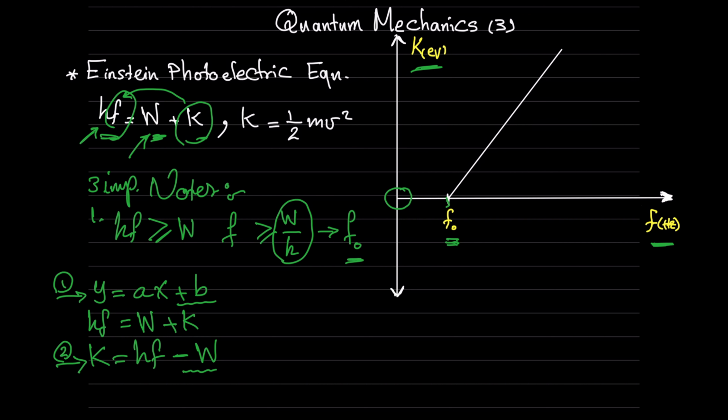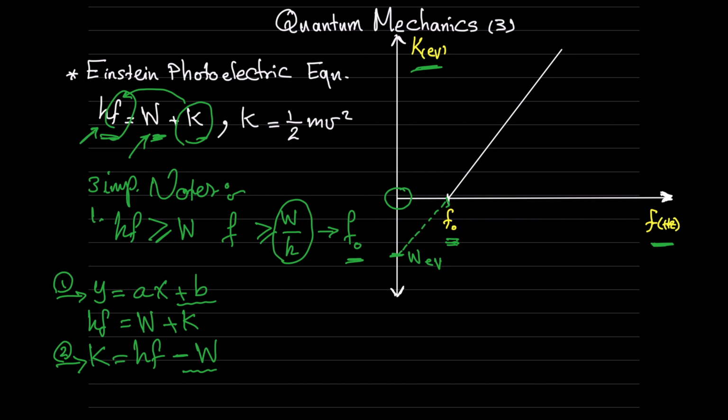In other words, we can deduce the value of the work function for the metal simply by extending this straight line. It's very easy to determine this point as the work function of this metal in electron volts. This is the second notice.